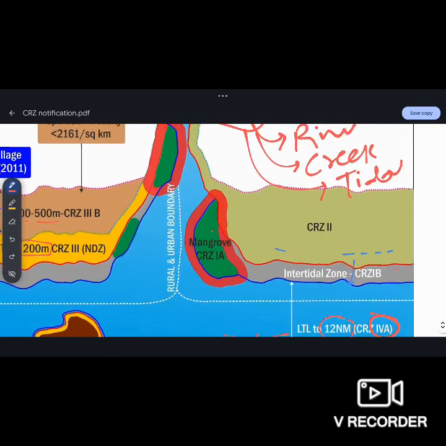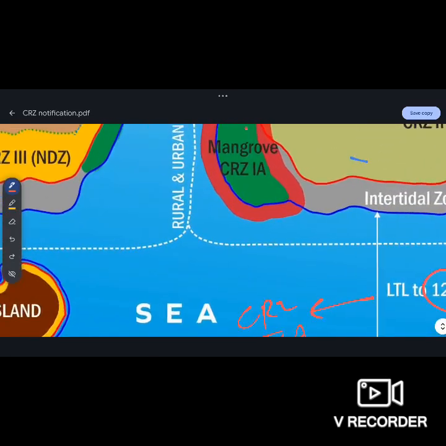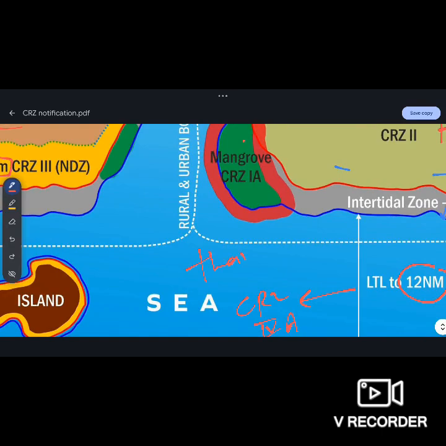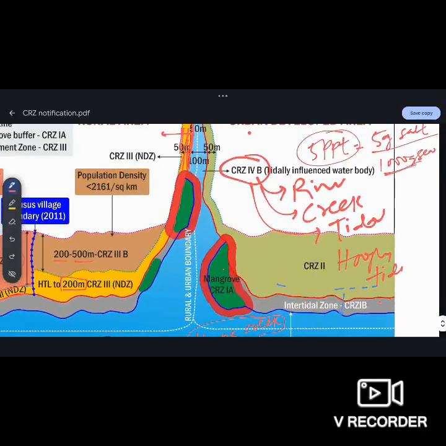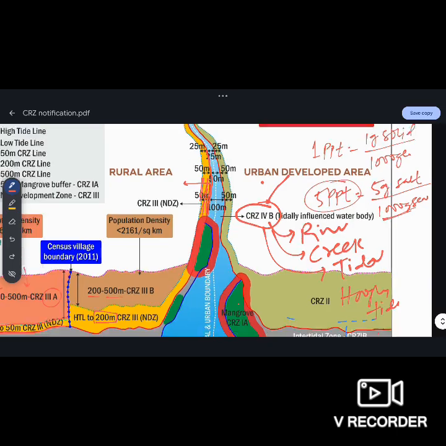If you take an example, the Hooghly River is a tidal river. In Mumbai, we have Thane Creek. So for that creek also, this CRZ 4B regulation will be applied. So those creeks, rivers, any tidal influenced water body, will be placed here in the CRZ 4B category.